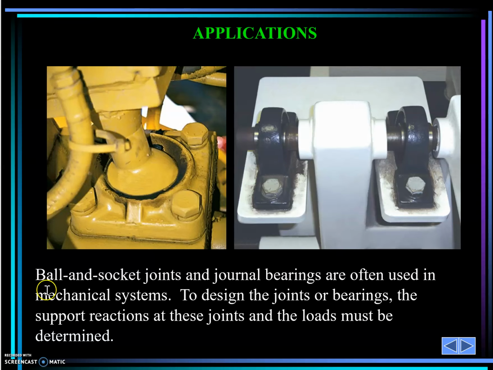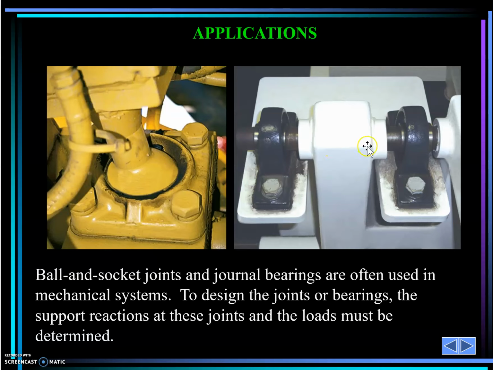Applications. Remember the ball and socket support that we have right here is preventing horizontal, vertical, and the other direction, Fx, Fy, Fz. However, it's allowing rotation about x, y, and z. That means we are not developing any moment about x, y, and z.